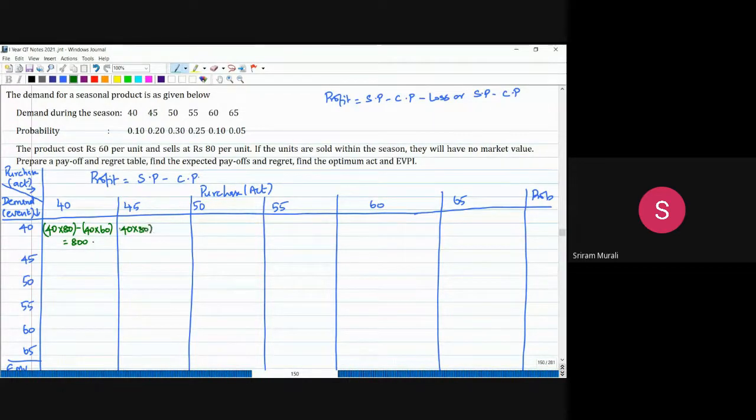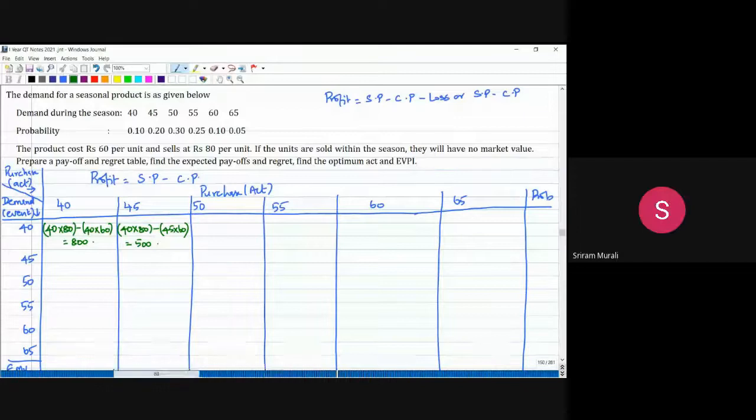So 40 into 80 minus 45 into 60, since I purchased 45 units. The 5 units which are not sold out should be subtracted in the cell. Am I right? This is equal to 3200 minus 500.